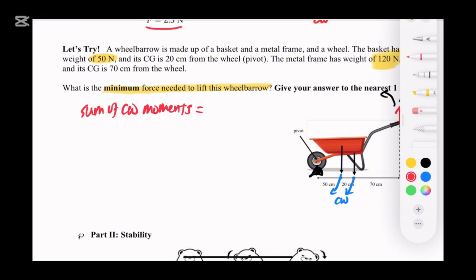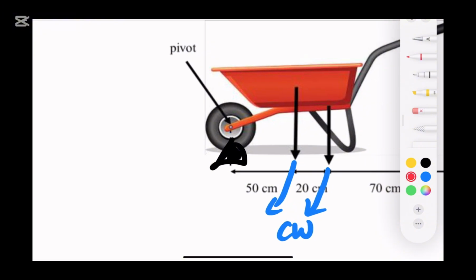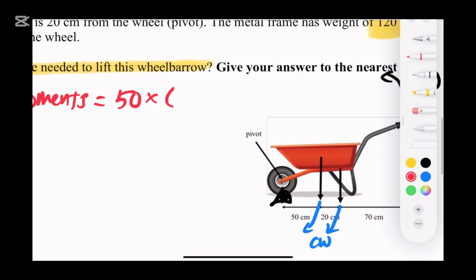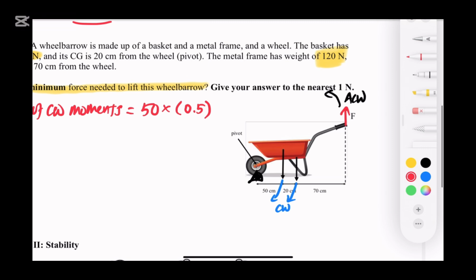So in this case, I'm taking the weight of the basket and I multiply it by the perpendicular distance. In this case, it's 50 cm, but written in meters, so 0.5 meters. And I'm adding on the moment due to the metal frame itself, which is 0.5 plus 0.2 multiplied by the weight, 120.